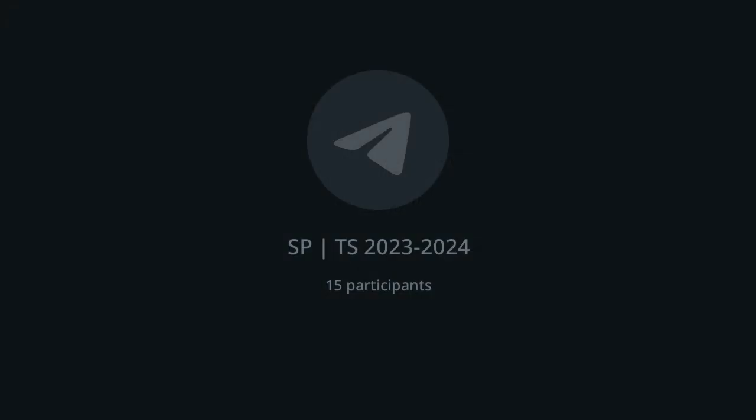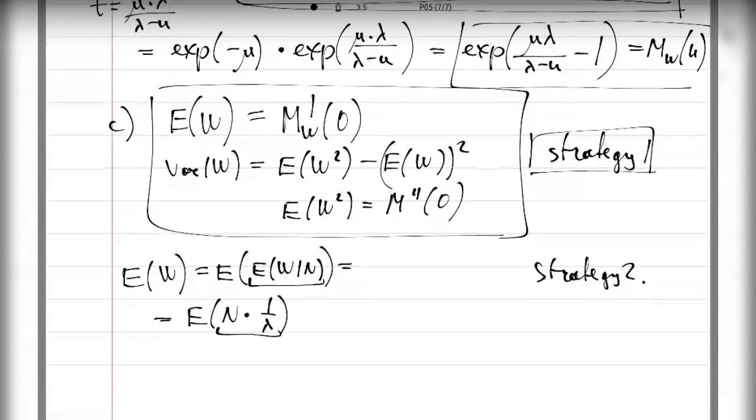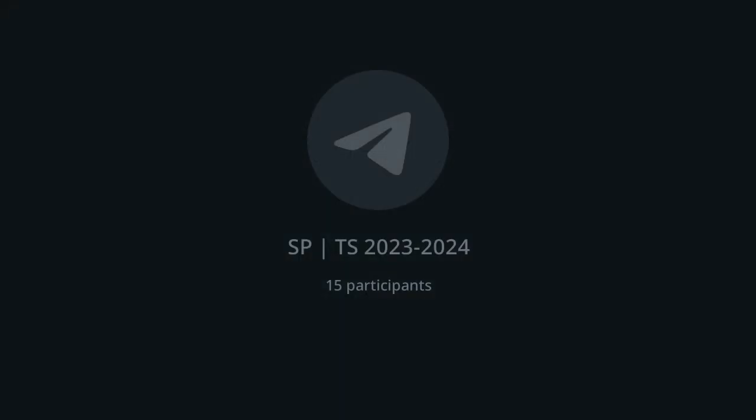X1 has expected value 1 over lambda. And we've got the expected value of N times 1 over lambda, and it will be mu times 1 over lambda. So that's strategy 2. So in strategy 1, we use the moment generating function to calculate moments. In strategy 2, we apply Eve's law and Adam's law once again.